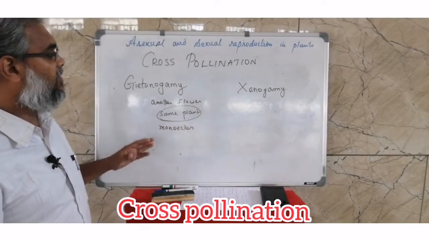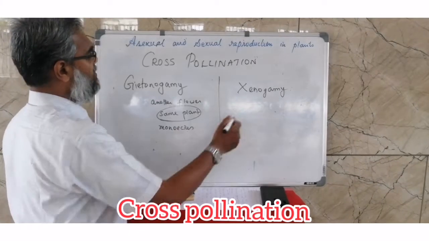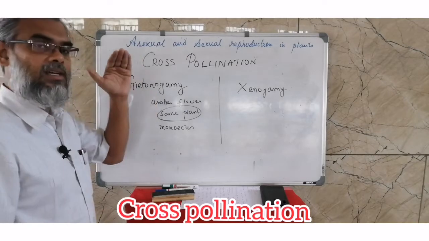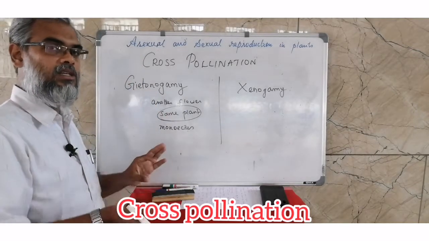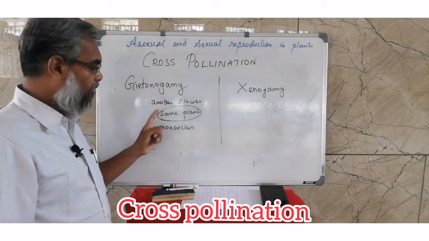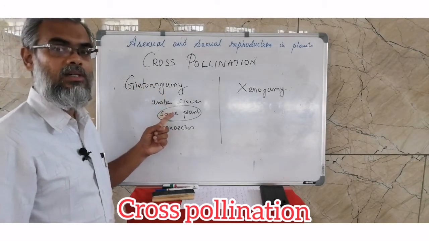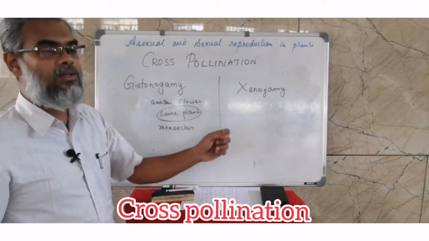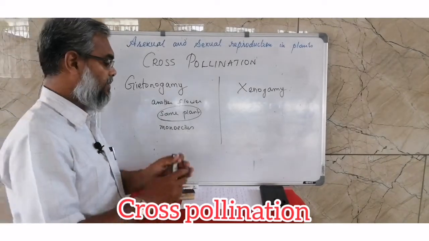Okay, that is xenogamy. So broadly it is classified into geitonogamy and xenogamy. Geitonogamy is the pollination occurring between the pollen grains of one flower and the stigma of another flower, but in the same plant. But xenogamy is in different plants.